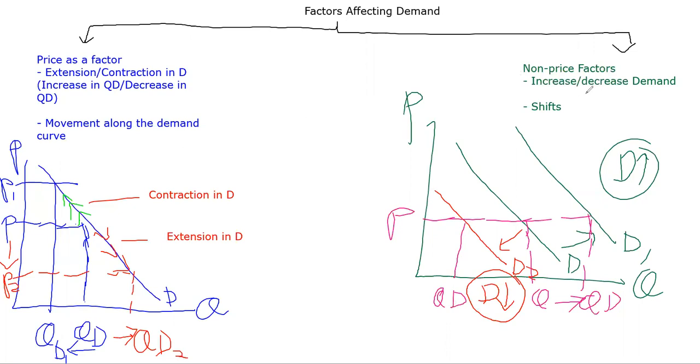So what's more important here is to understand the factors, the so-called non-price factors, which we'll get to. Okay, so non-price factors. Let's look at these. The first one is the level of disposable income.